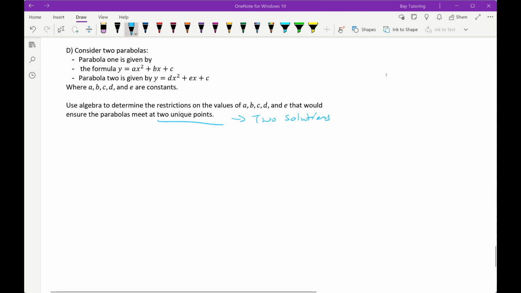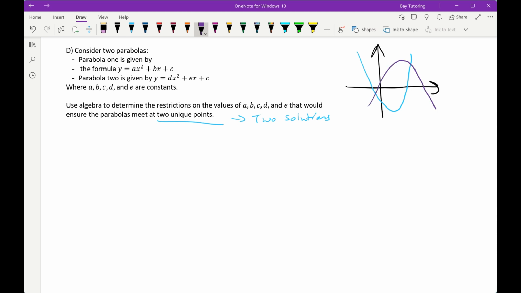So the question is asking about the 2 parabolas meeting at unique points. So if the parabolas are meeting, they are intersecting. So if we were to draw this on a set of axes, just to show you what that means, we could have any 2 parabolas, it doesn't matter exactly what they look like. So if they're going to meet at 2 unique places, they are crossing each other or intersecting.